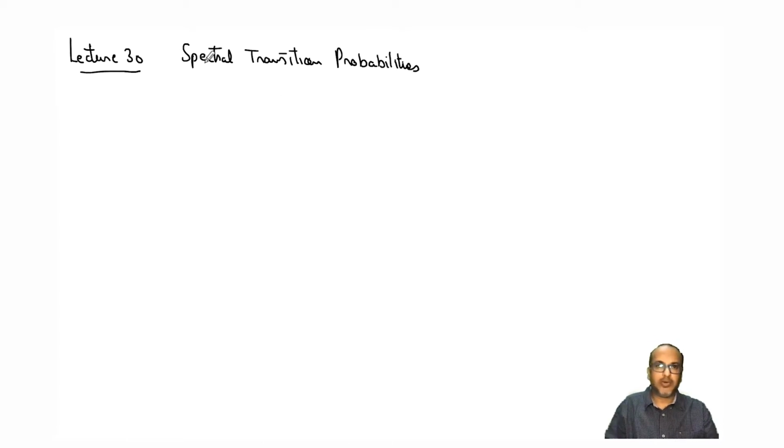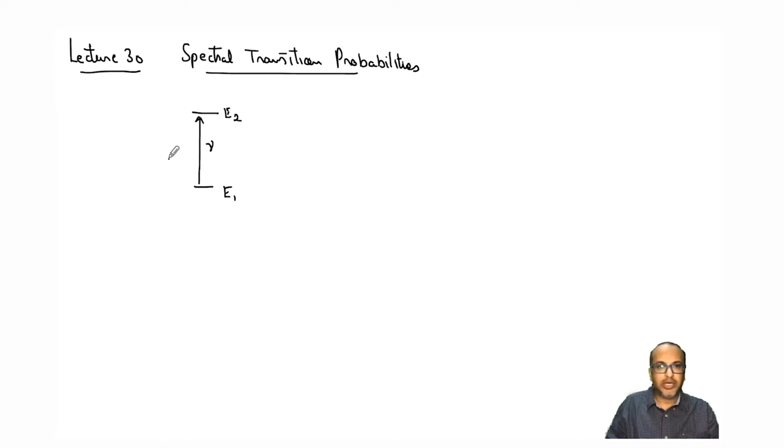So what is the meaning of this term? Let us first try to understand that. If we are trying to perform spectroscopy and we have two energy levels, let's say E1 and E2, and there is an energy difference between them, which is defined by nu.